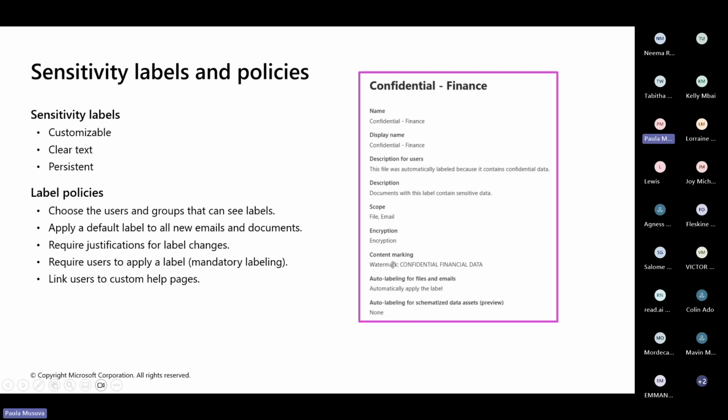Sensitivity labels can be used to do things like encrypt. Based on the level of sensitivity, one of the actions you can apply for data protection is a decision to encrypt.